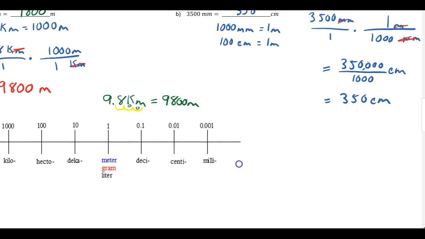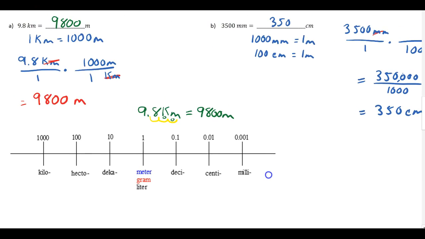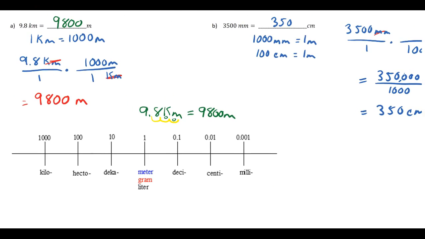Now let's look at our chart here and see if we can come up with the exact same thing. I'm starting with millimeters. That's right here. I'm going to centimeters. So I went one place to the left.